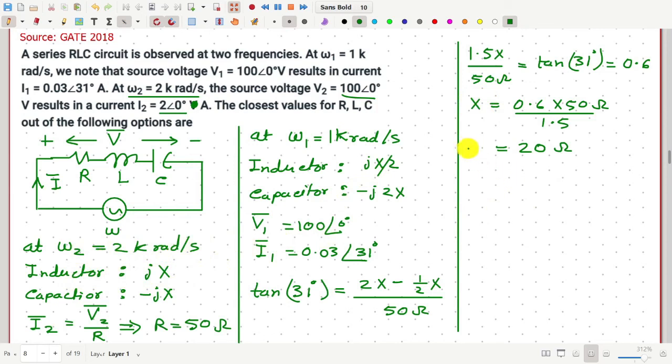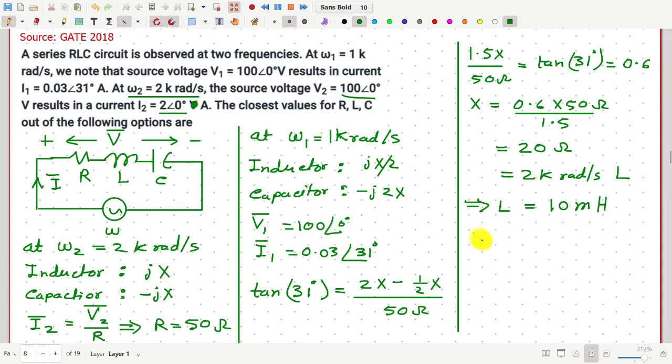So this is equal to 2 kiloradian per second multiplied by L. From here we get L is equal to 10 millihenry. And also this X is the impedance of the capacitor at 2 kiloradian per second.